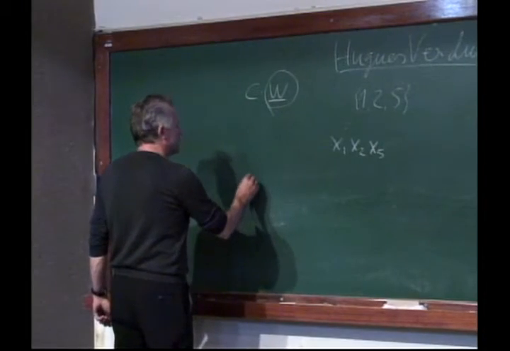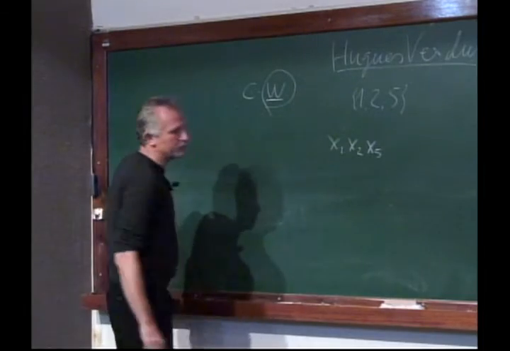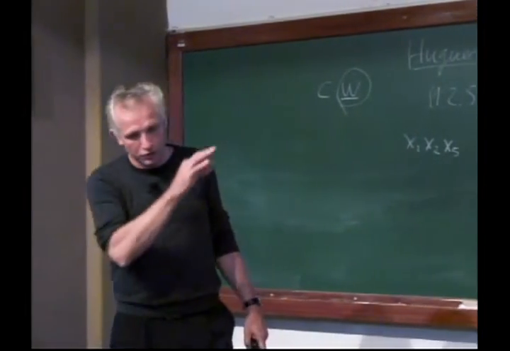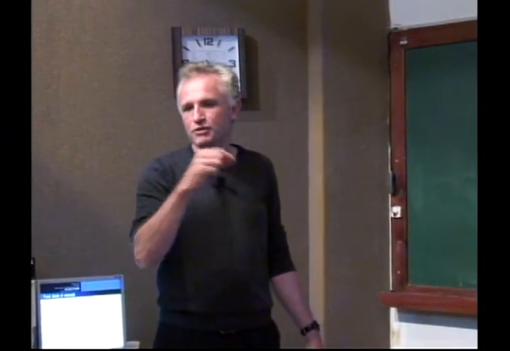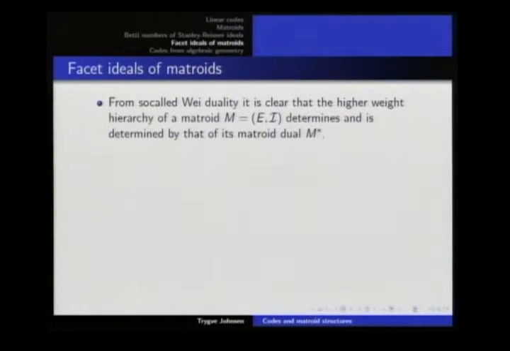Well, it's something called Wei duality, which says that if you take first all the k higher weights of a code, and you take n plus 1 minus each of the n minus k higher weights of the dual code, that gives you altogether k numbers plus n minus k numbers, and the union of those numbers is the set 1 to n, the disjoint union. So in other words, if you know all the higher weights of a code, you know all the higher weights of the dual code. This is Wei duality.